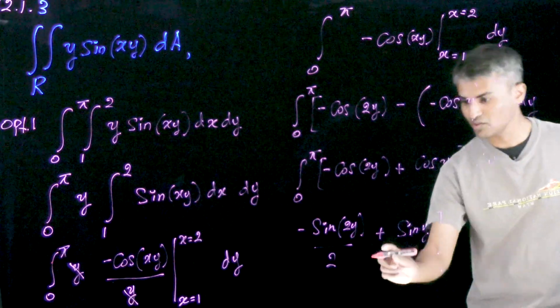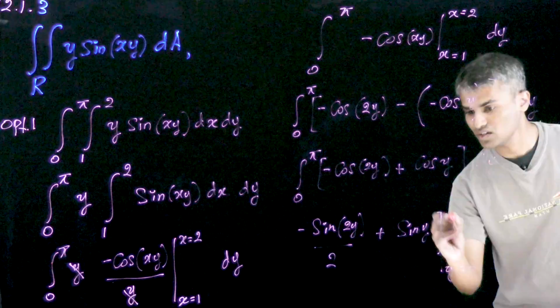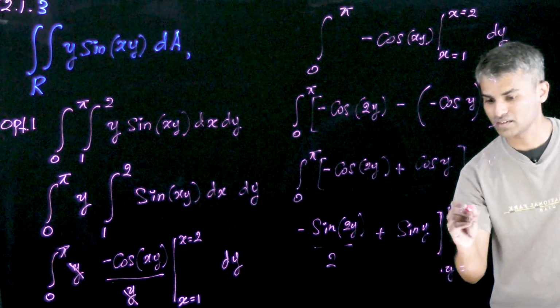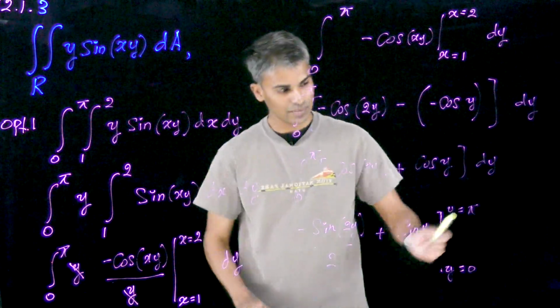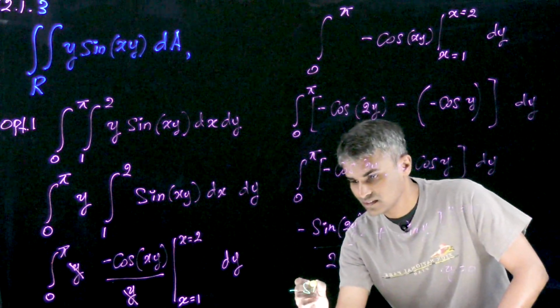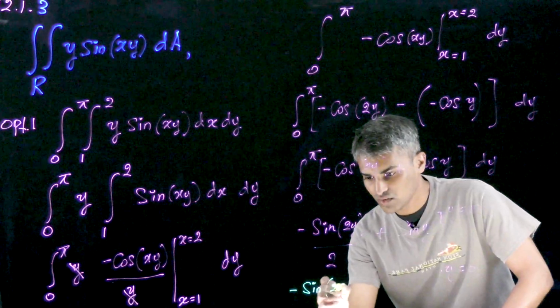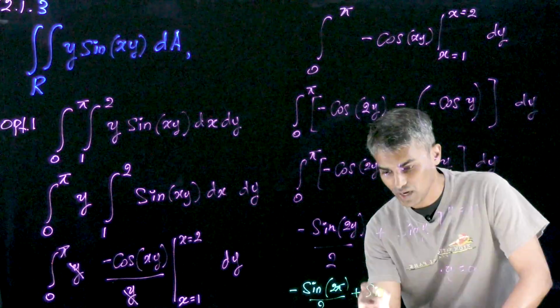Now, we have to evaluate this at y equals 0 and y equals pi. Apply the upper limit first. You will get minus sine of 2 pi over 2 plus sine of pi.